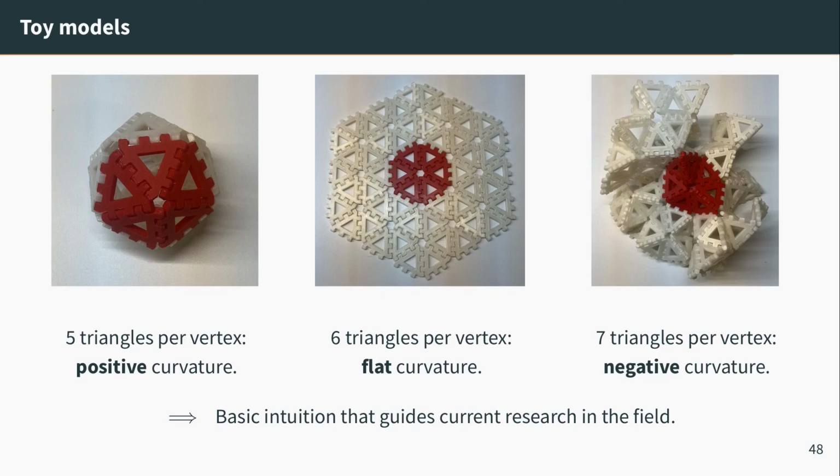But what I want you to take home from this lecture is that notions of dimension, positive, flat, and negative curvatures should be intuitive for you if you want to understand current graph research, because this is the most basic way of describing the neighborhood of a point in a graph.